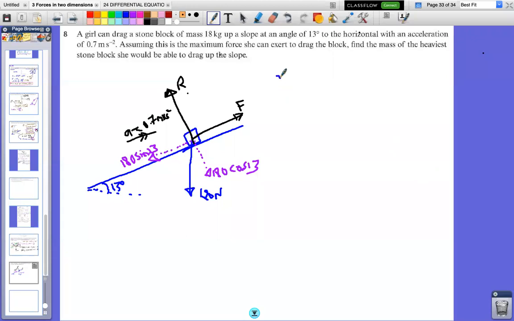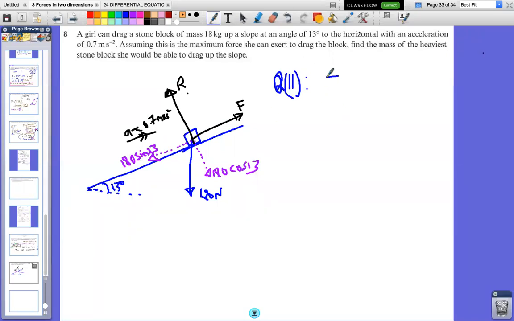So now we resolve parallel to the plane. We are not asked to calculate R, so we don't need to resolve perpendicular to the plane. It's not necessary. We only resolve parallel to the plane. So we are applying Newton's second law parallel to the plane.